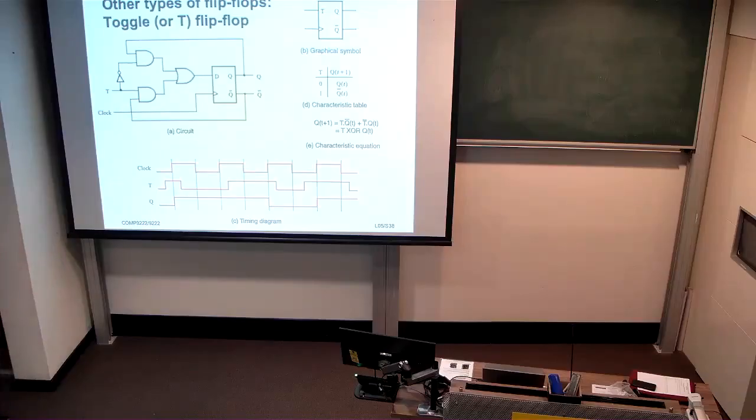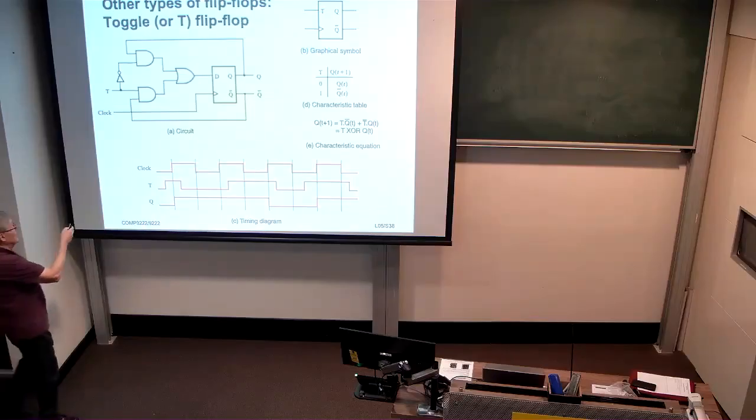So when T is 0, this AND gate down here is not active, but this upper AND gate is active. And this AND gate is taking the current Q value and sending it back into D. And therefore, the current state is preserved when T is 0.